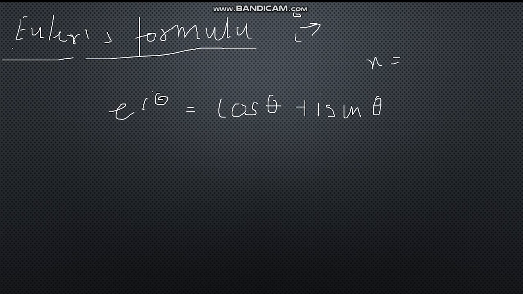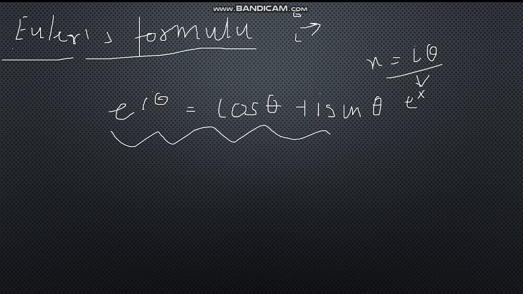Here we have the power e raised to power x, and similarly we put x equal to iota theta. So this formula is known as Euler's formula.